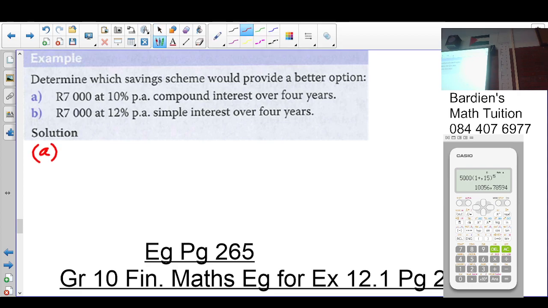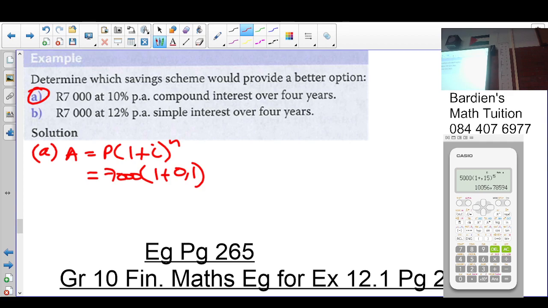So 7,000 rand at 10% per annum compound interest for the first 4 years. So it says compound interest, what do I write? Compound formula. A is equal to P into 1 plus I to the exponent n. How much is invested? 7,000 into 1 plus 0.1 to the exponent 4, since it's for 4 years.